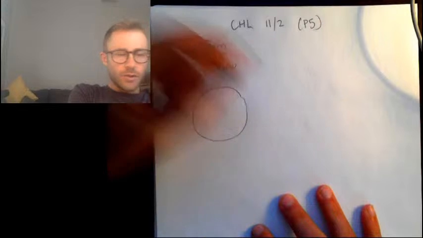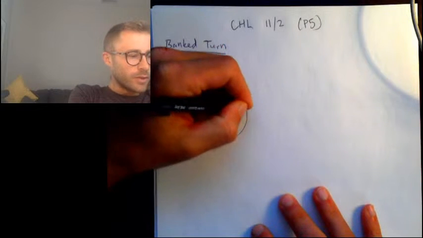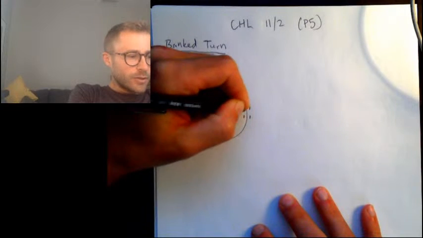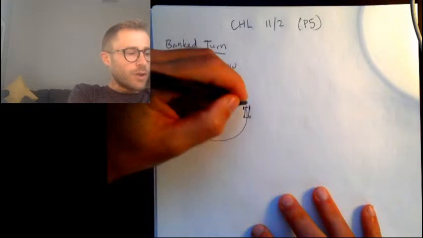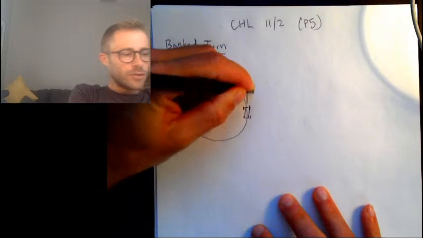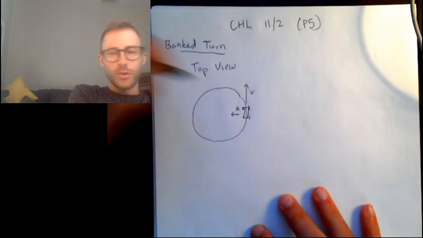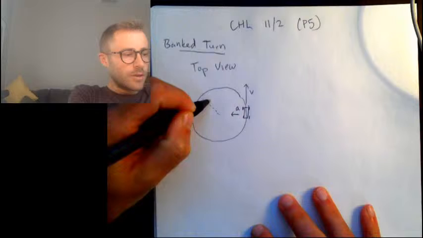Let's consider a car in a banked turn. So here's the car. The car's velocity points tangent to the circle, and the car's acceleration points towards the center of the circle. By the way, the radius of this circle we will call big R.